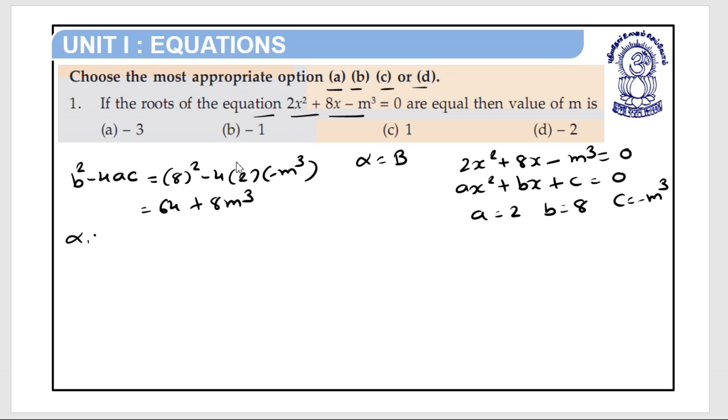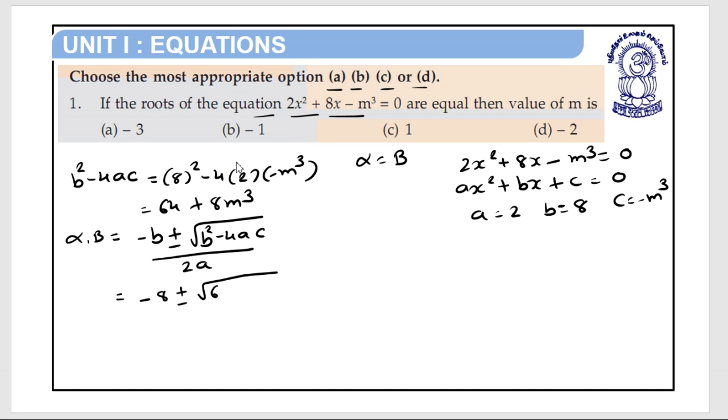So roots alpha, beta is equal to minus b plus or minus under root b square minus 4ac upon 2a. So minus b is minus 8 plus or minus under root 64 plus 8 m cube over 2a, 2 2s are 4.